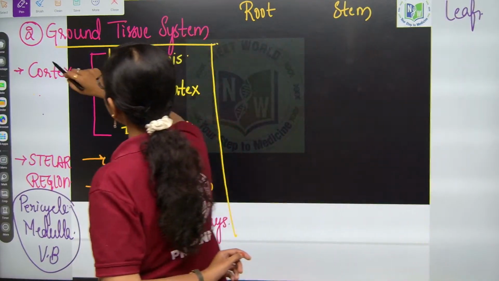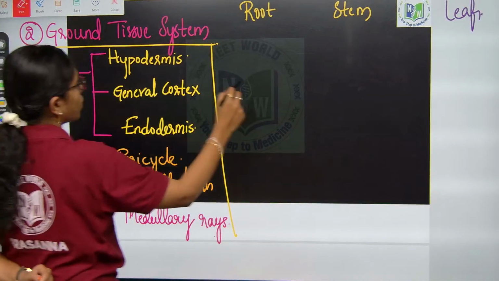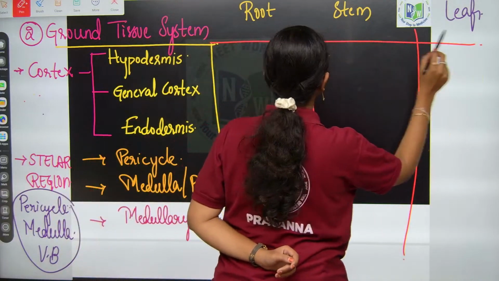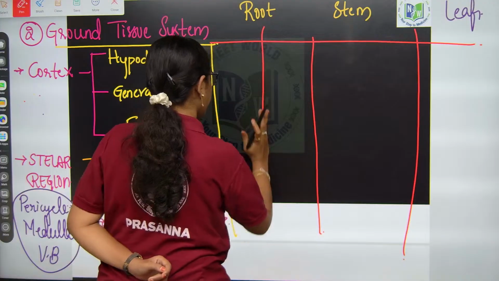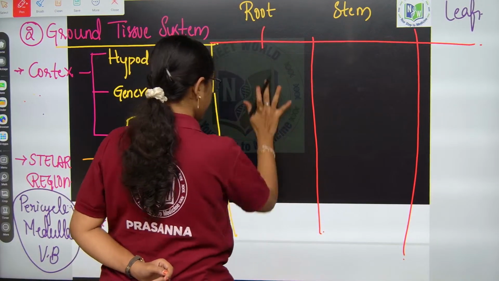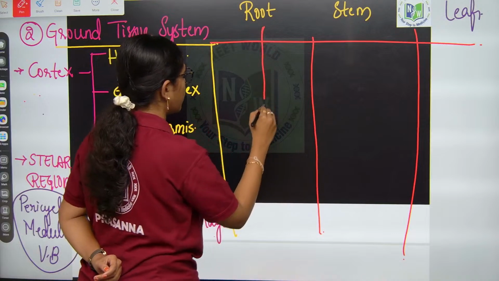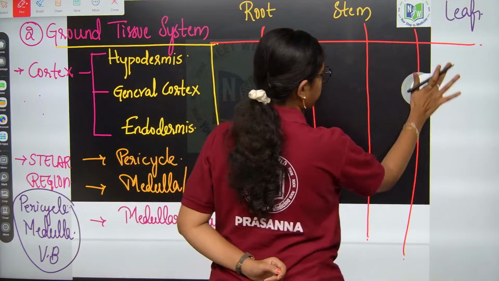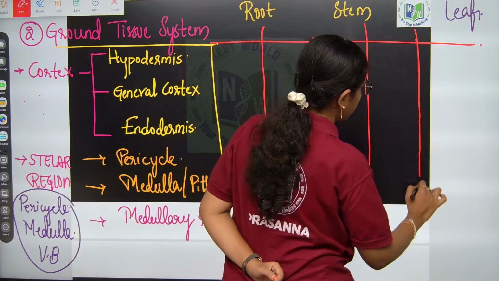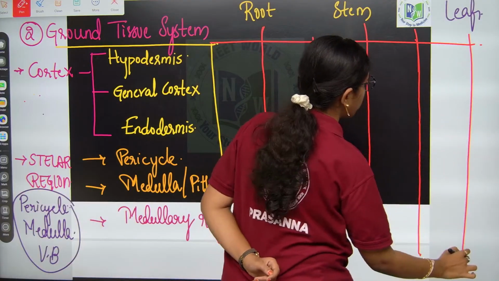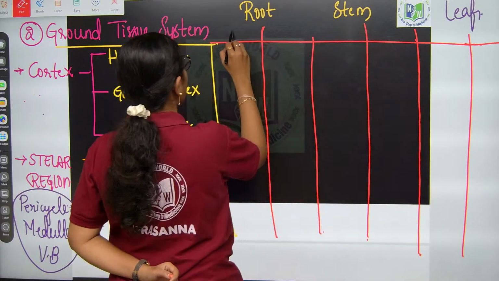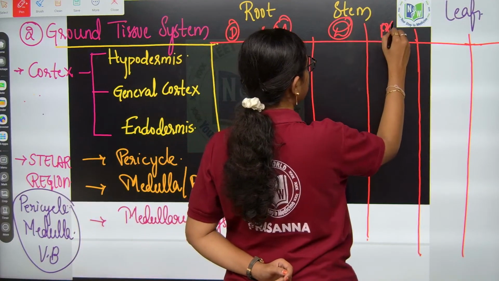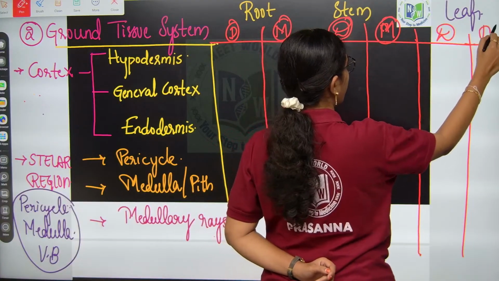So, first we look into root. Root, stem and leaf, of which under root we have both dicot and monocot: dicot root, monocot root, dicot stem, monocot stem, dicot leaf, monocot leaf.